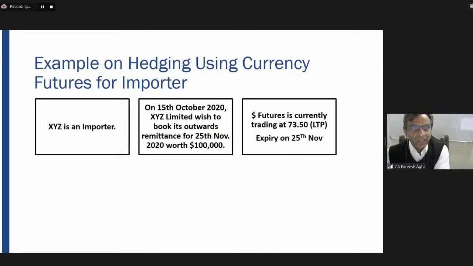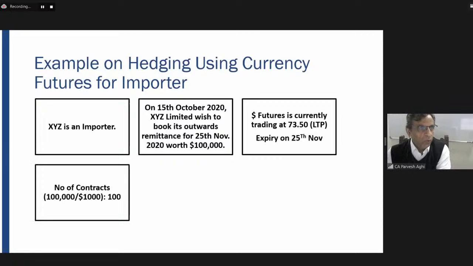In brackets, LTP stands for last traded price, which is the price you find when you open the screen, because the price can change every now and then. So you went to the market and found that for the expiry 25th November, the future is trading at 73.50. Now in the futures market, the contract size is $1,000.